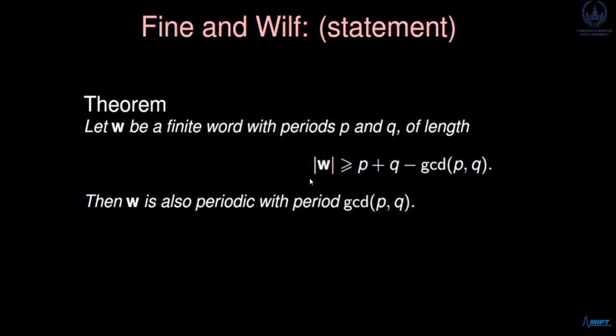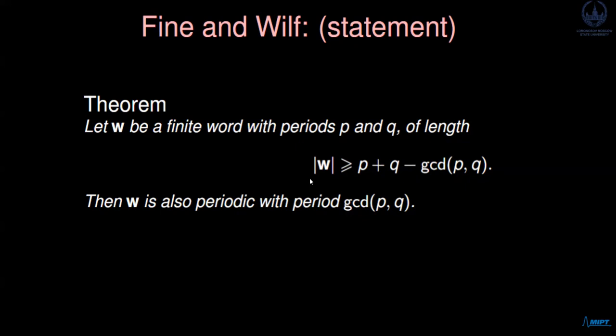What this tells us is that if a word has two periods and its length is sufficiently large, the word will actually have a single period. It is the greatest common divisor of the two given periods.